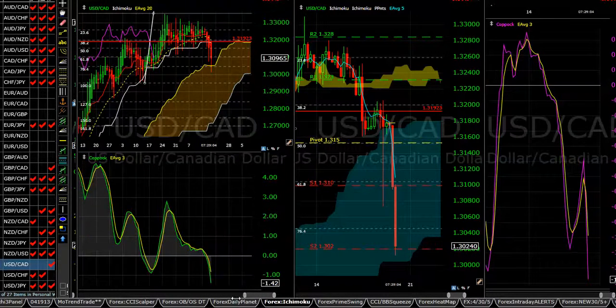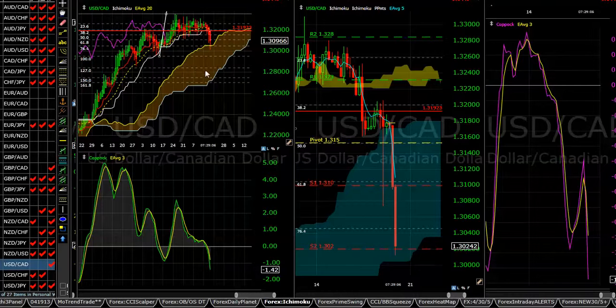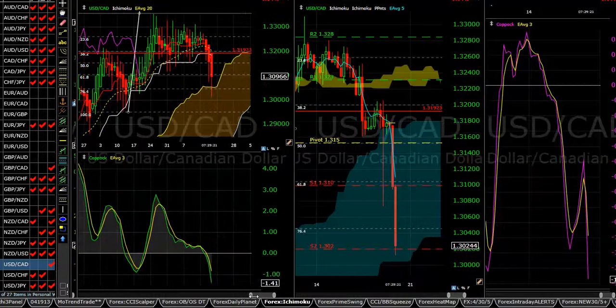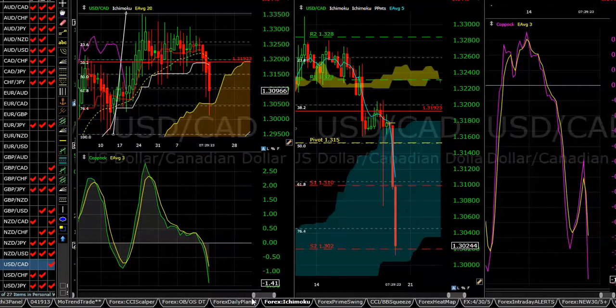We are not fully through this Kumo area of support, and I'm not saying it's going to continue to fall, but all I know is that right now that move back up has ended, and we are now currently in at least a temporary bearish pattern on the US dollar, Canadian dollar.